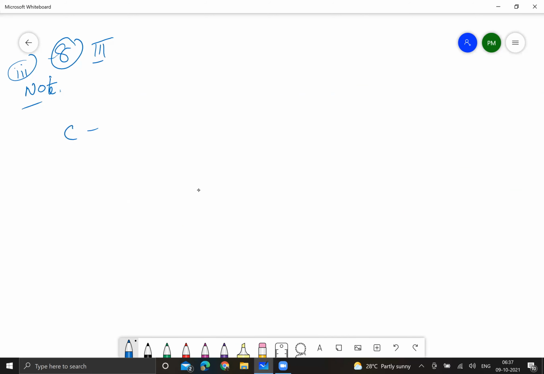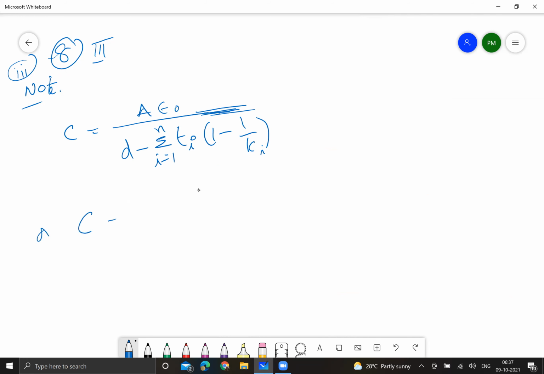So the same expression can be written as C is equal to A epsilon 0 by D minus sigma i equals 1 to n Ti into 1 minus 1 by Ki, correct? Or C can be written as C naught by 1 minus 1 by D into sigma Ti into 1 minus 1 by Ki.